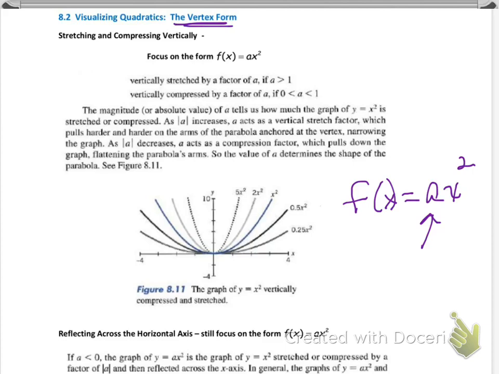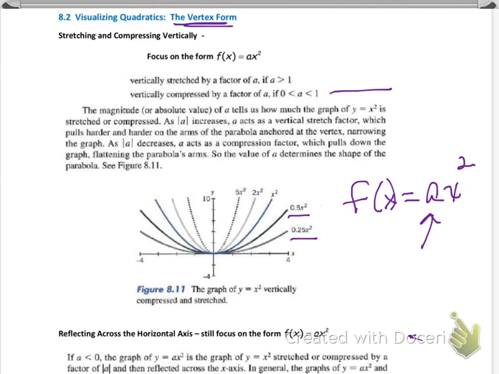So you think about pushing down on your parabola. And when you push down on your parabola, the arms go out further, and that is considered a vertical compression. So that's a compression.